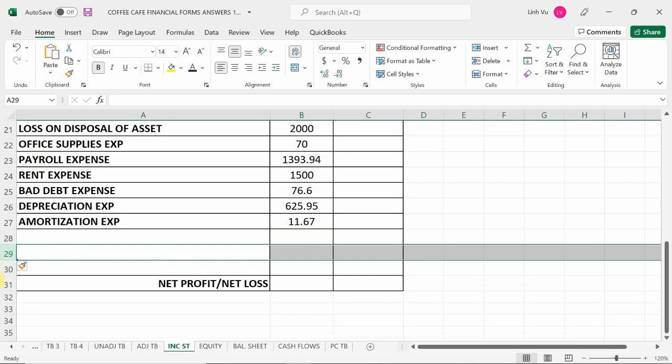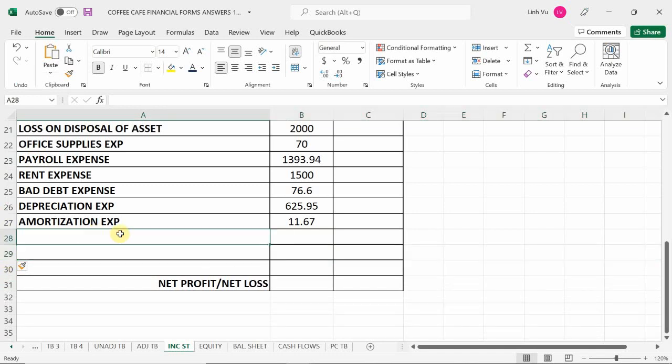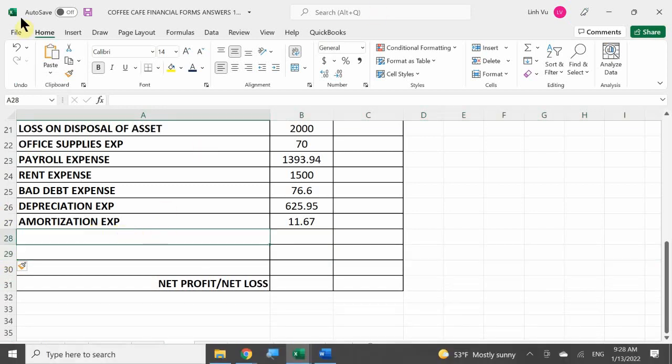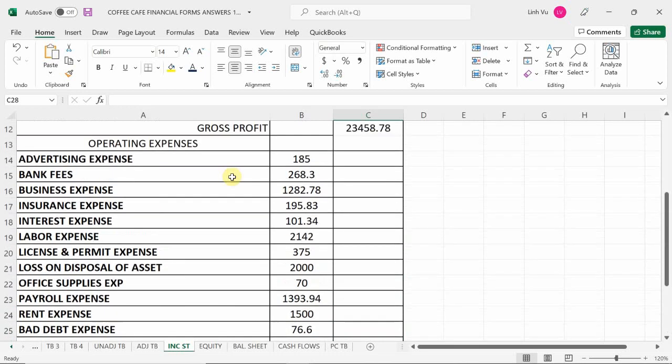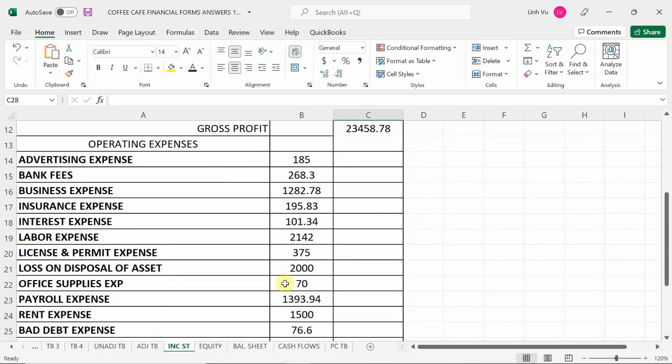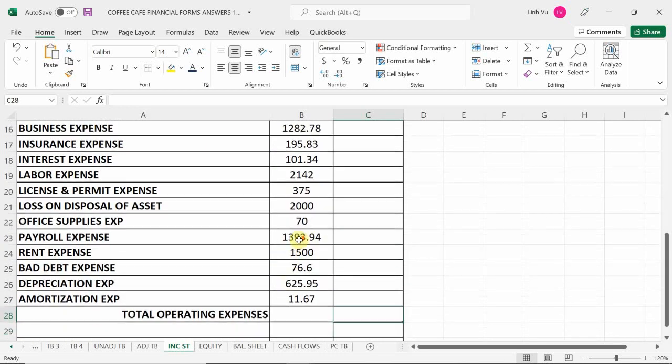Gonna insert another extra row here. Okay, so here I'm gonna go ahead and type in that I have total operating expenses. In this case, we need to sum all of my expenses and make it negative.